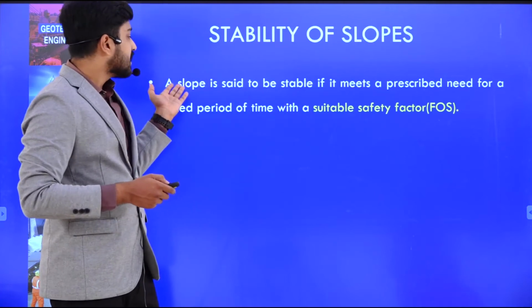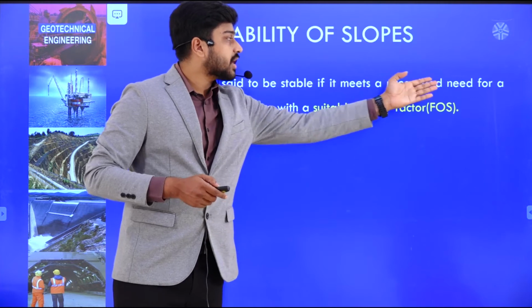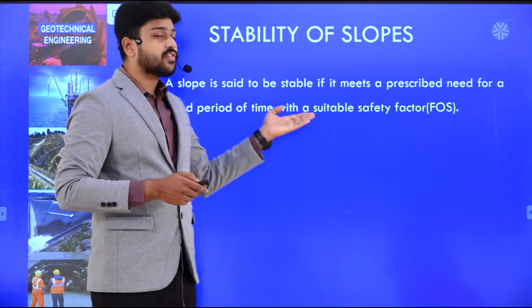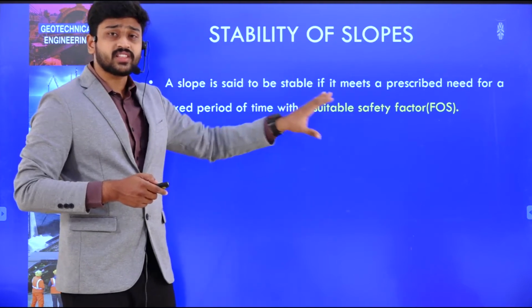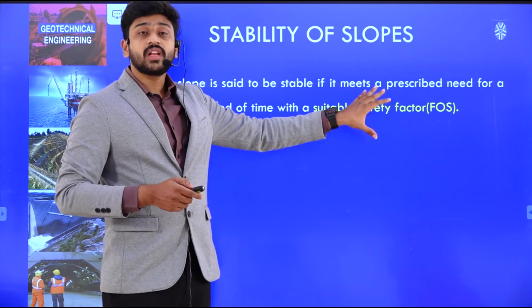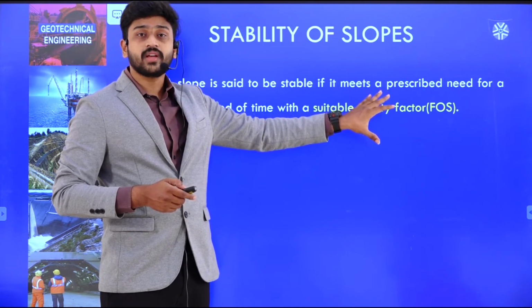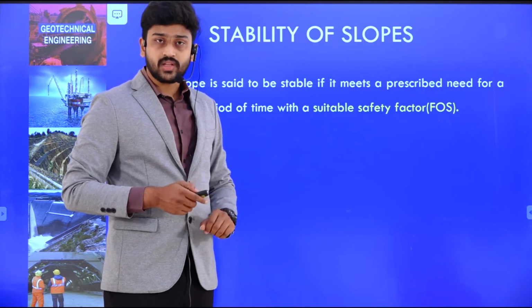As I've said, a slope is stated to be stable if it meets a prescribed need for a fixed period of time with a suitable safety factor. That means if we consider the safety factor up to this particular limit, the soil will not fail. Within these safety factor limits, it will not fail. That is what we need to consider.